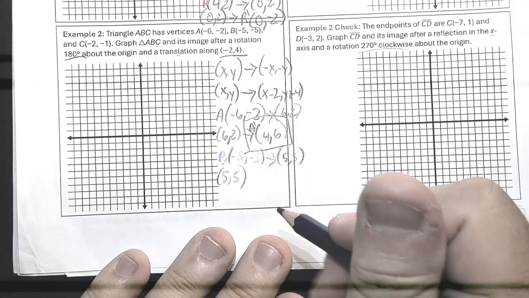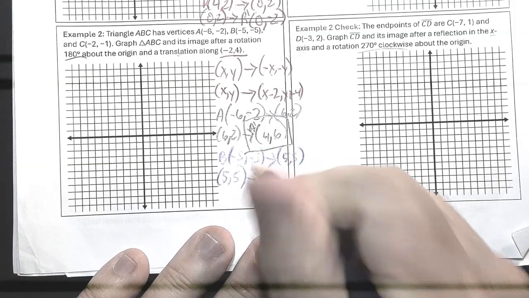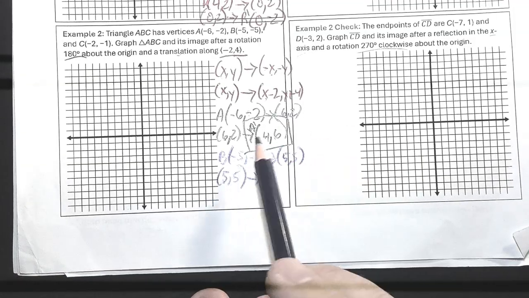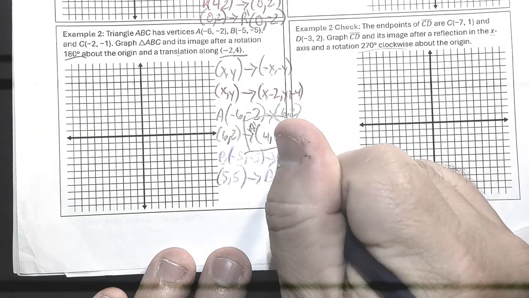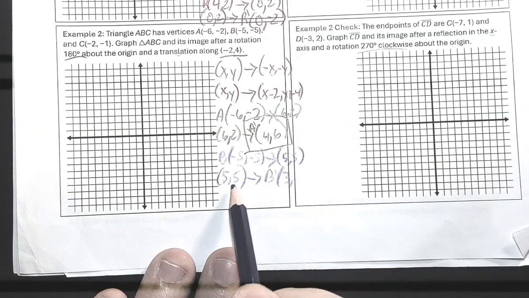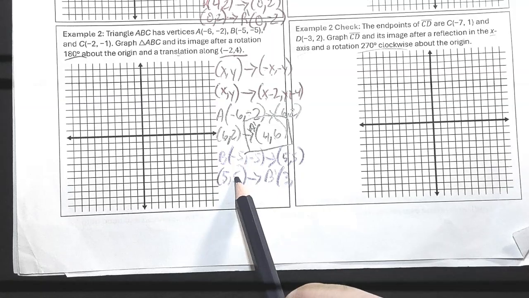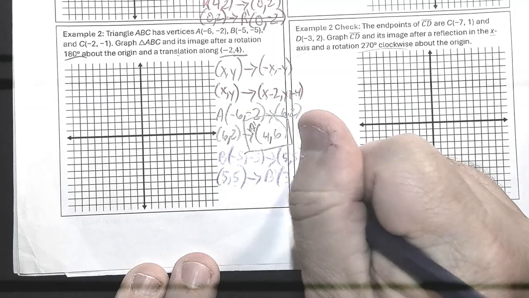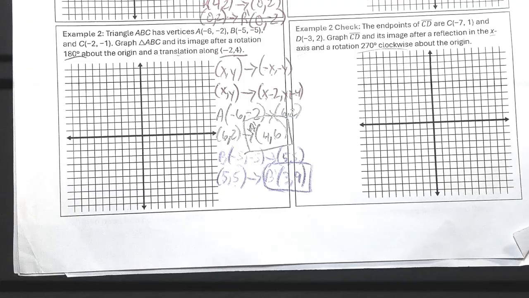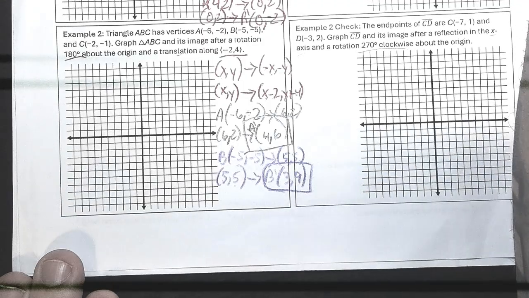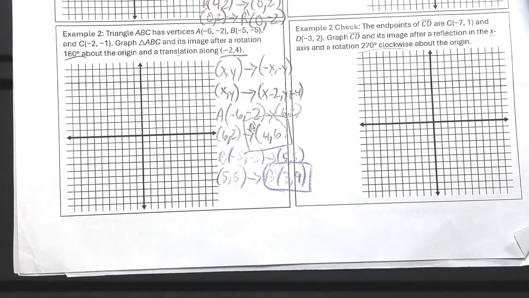Okay, so now 5 minus 2, B prime is 3. 5 plus 4 is 9. So we'll box this in. I think we can still do it from over here.